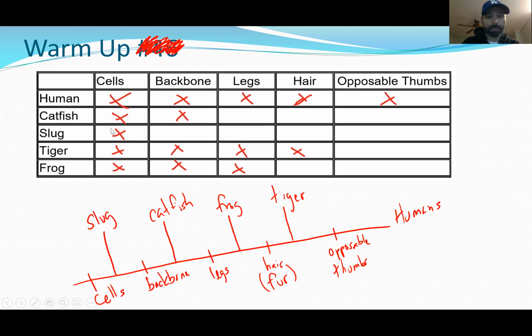But not all animals that have cells have a backbone. So at some point, a backbone evolved, and these four organisms have it. So everything after that spot has a backbone. And so right off the bat, if a human, a catfish, a tiger, and a frog all have a backbone, there's two possible explanations.